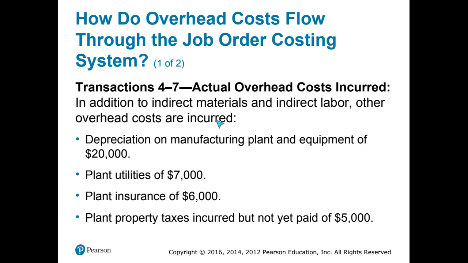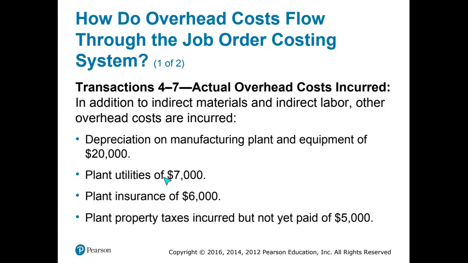We debited our manufacturing overhead of $20,000 and credited our accumulated depreciation of $20,000, because we had depreciation on manufacturing plant and equipment. Then in transaction 5, we had plant utilities of $7,000. So we're going to debit our manufacturing overhead for $7,000 and credit our cash account for $7,000 because we paid the utilities.